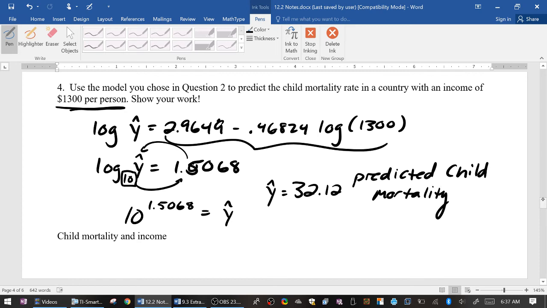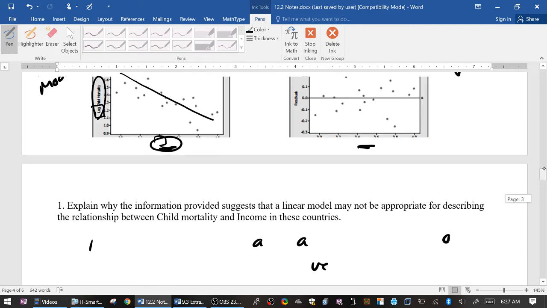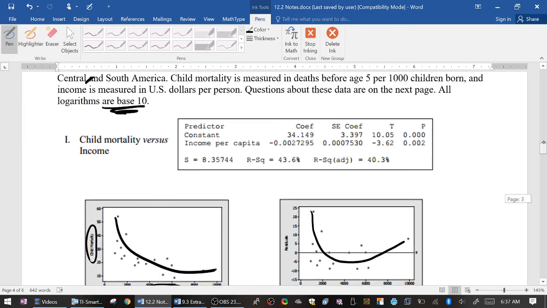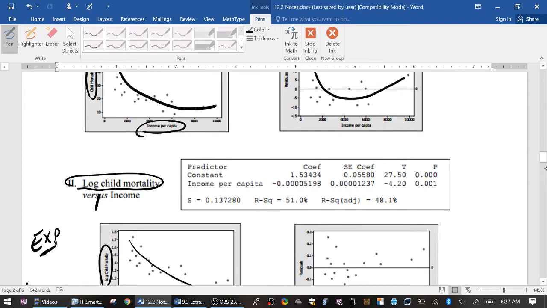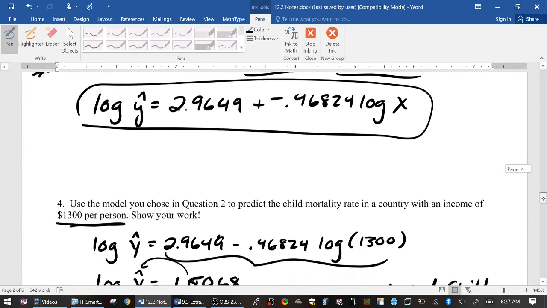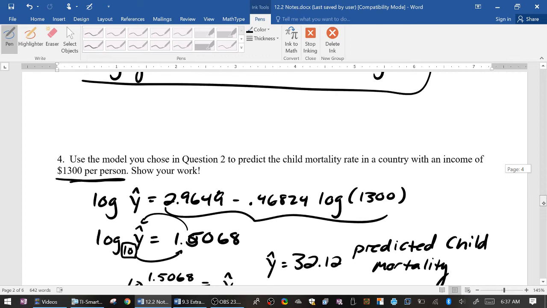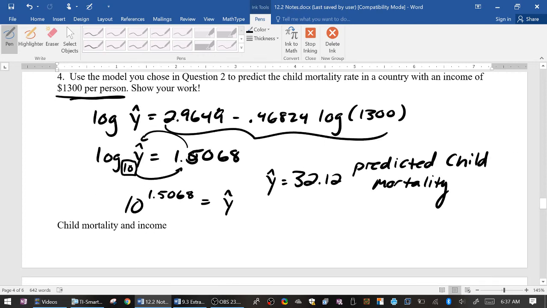What does that number actually mean? If you go up to the top again and look at the explanation, it says child mortality is measured in deaths before age 5 per 1,000 children born. So technically what this means is where families make $1,300 per person, you're going to have 32 kids ages 4 and under die out of every 1,000, which is quite a bit of children.